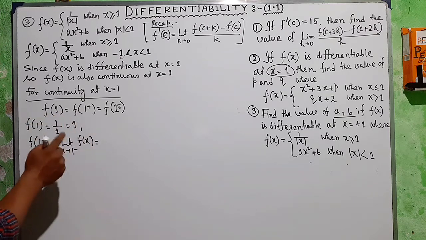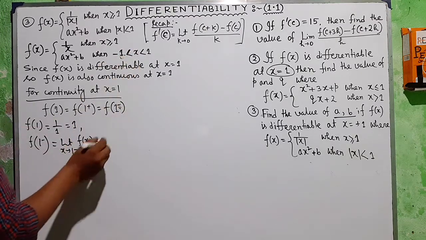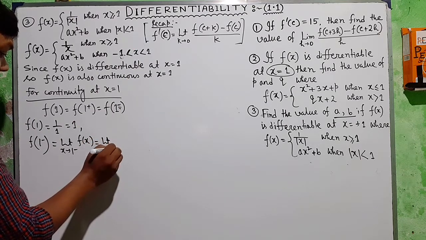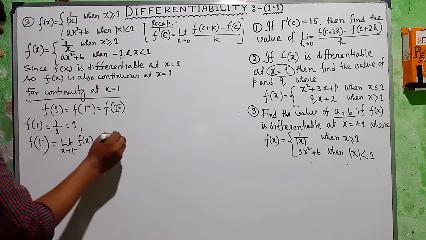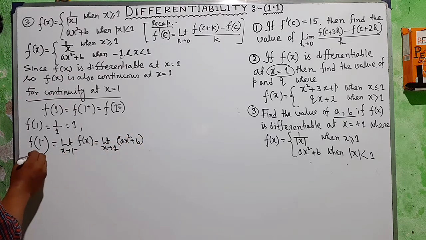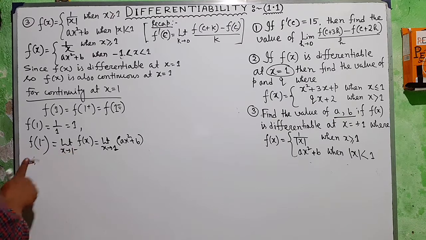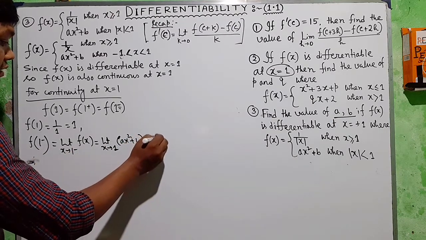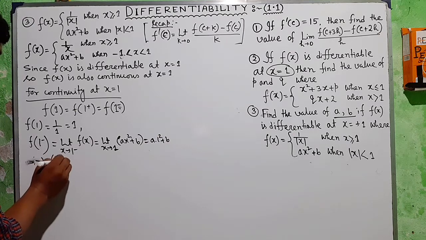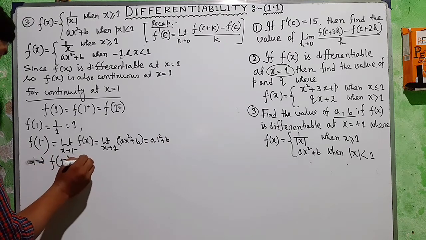And you see that for x less than 1, the function goes to ax square plus b, because you have chosen the function, so that is a into 1 square plus b. So f(1-) equals a plus b.